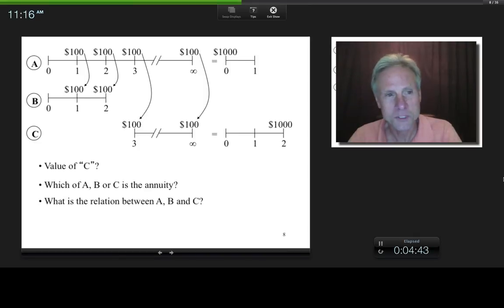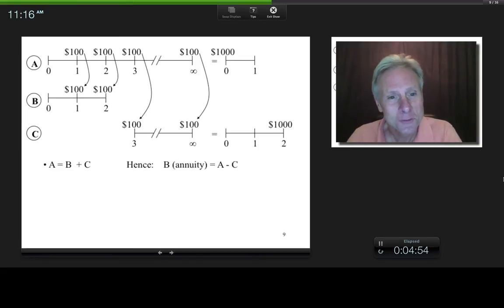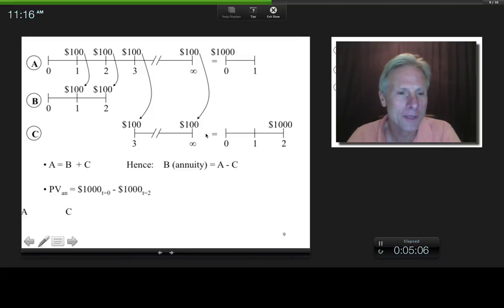We said that A was equal to B plus C. So the annuity B, here's some really tricky algebra for you, is equal to A minus C. The annuity is this whole line A minus this line C. And so the present value of the annuity is basically $1,000 at time 0 minus $1,000 at time 2.